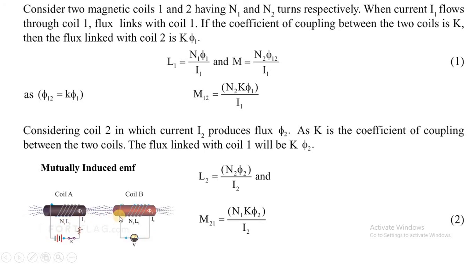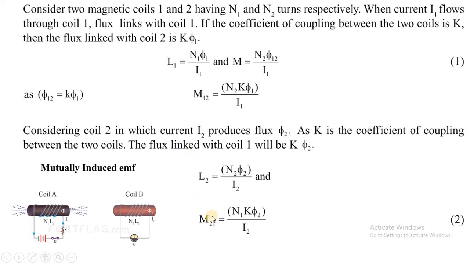So the mutual inductance between coil 1 and coil 2, how will I denote it? I'll denote it by M21. What information does this M21 give me? This M21 is the mutual induced EMF occurring in coil 1 because of coil 2.